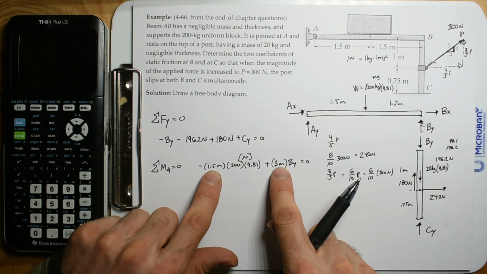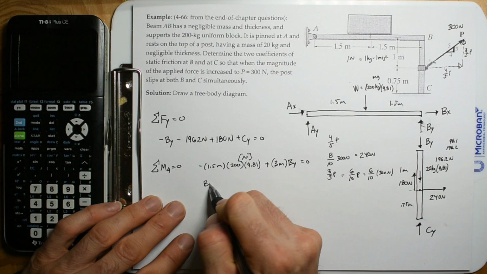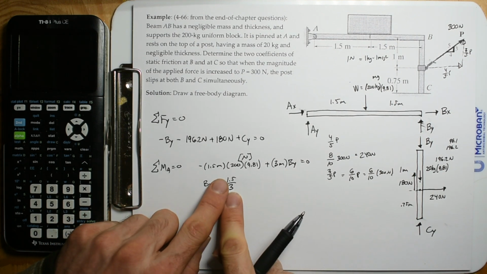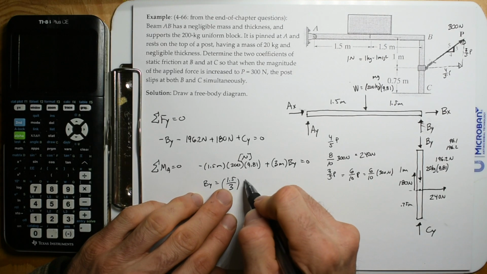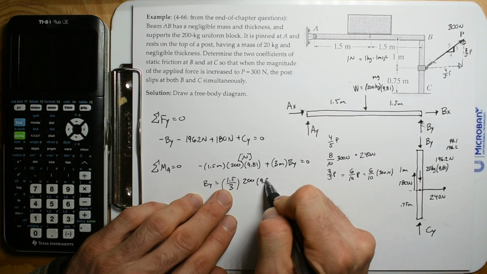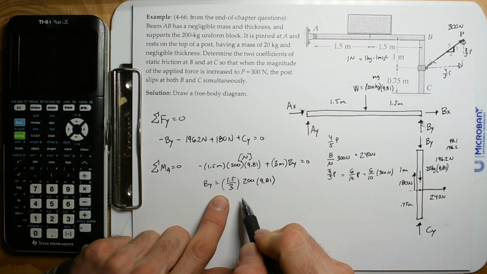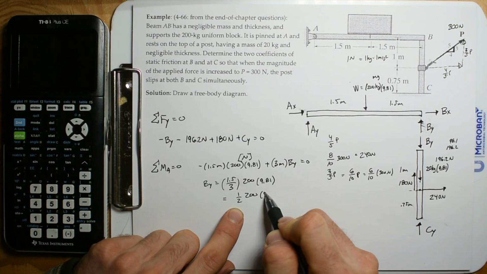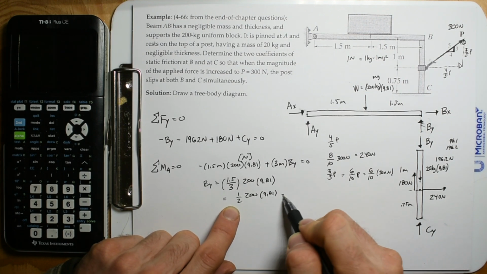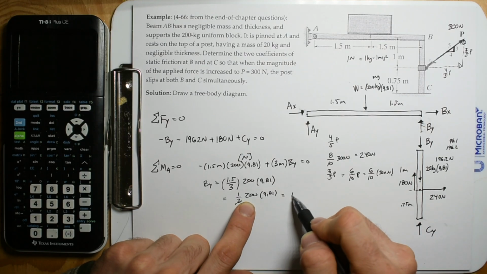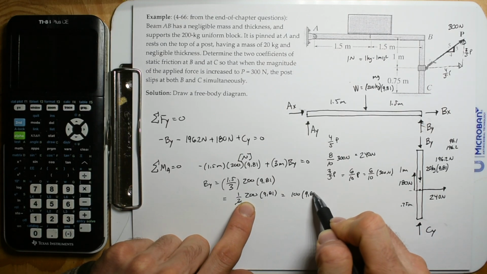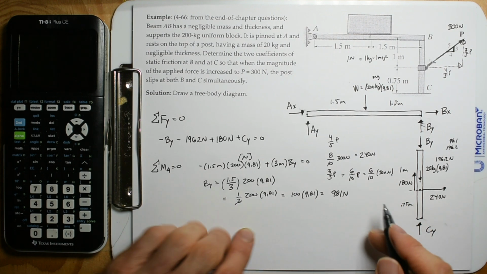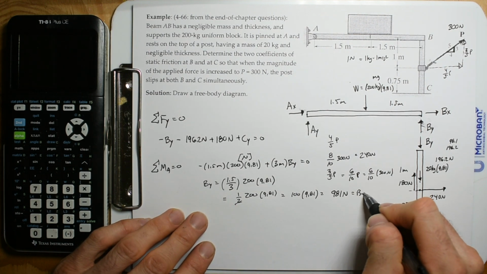We have 1.5 divided by 3. So BY is 1.5 divided by 3. That's just 1/2. And then times 200 times 9.81. So this is going to be 1/2 times 200, those cancel, so we have 100 times 9.81, and we have 981 newtons. So there is BY.